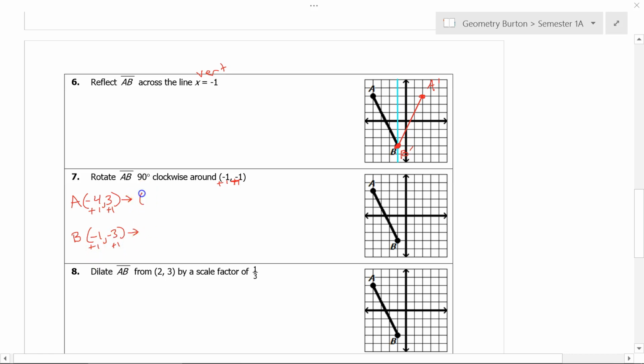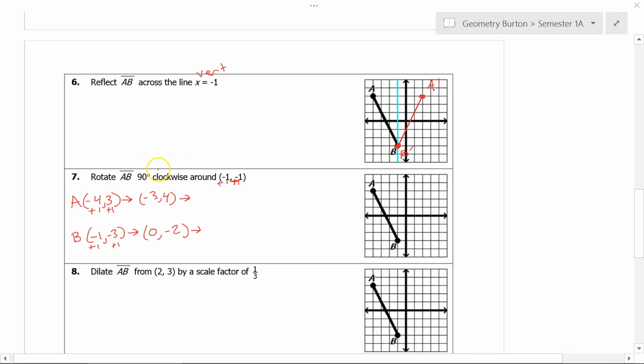Alright, so if I do that, I'm going to have -3, 4. Okay, and here I'm going to have 0, -2. Alright? Now, so now this is now the origin, and these points are based on the origin. So now I should be able to use my rule.